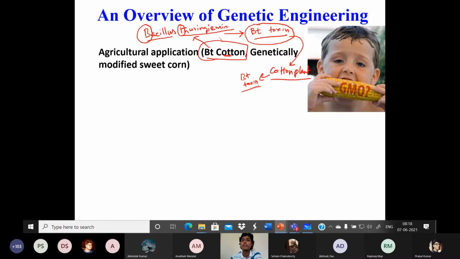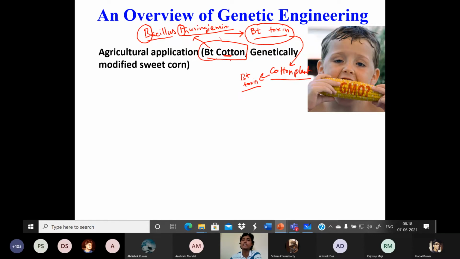I think you understood, right? The cotton plant itself is making this BT toxin in its leaf. So when those bollworms or whatever insects eat those cotton plants, they will die. As a result, these BT cotton plants are now insect resistant, so you don't need to apply regular chemical insecticide.